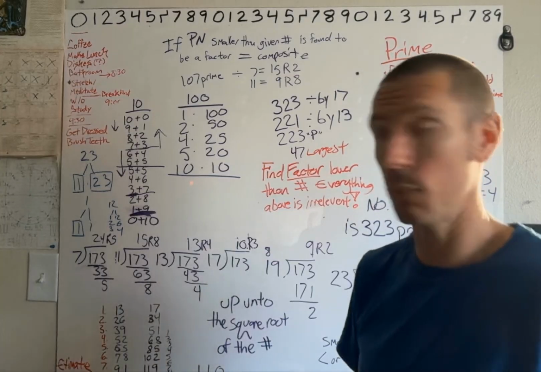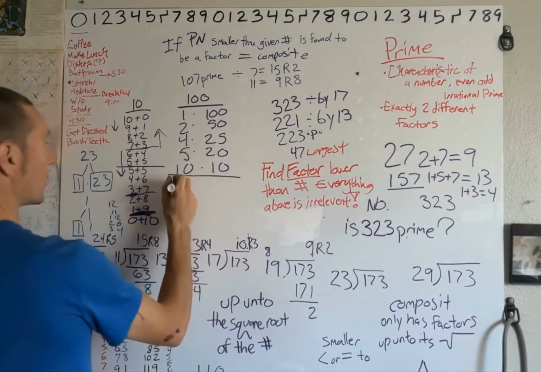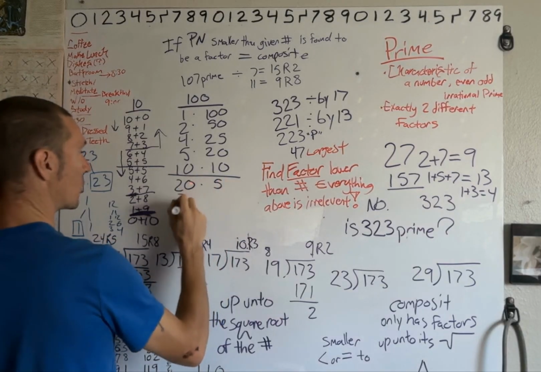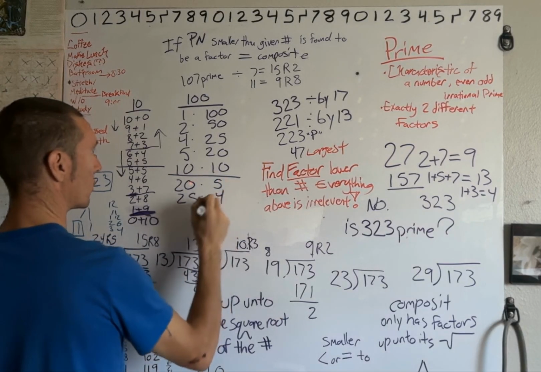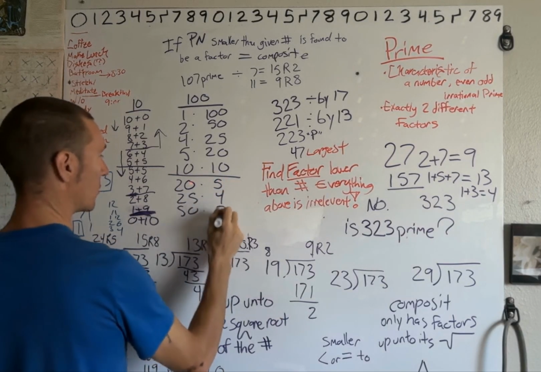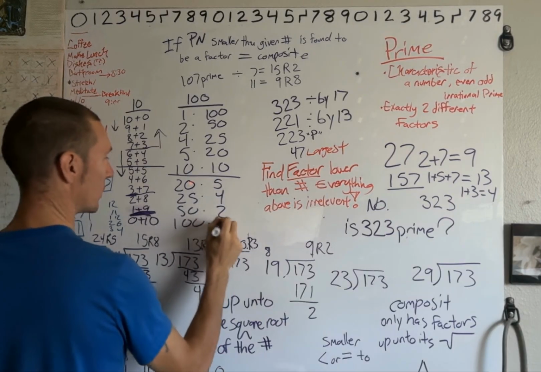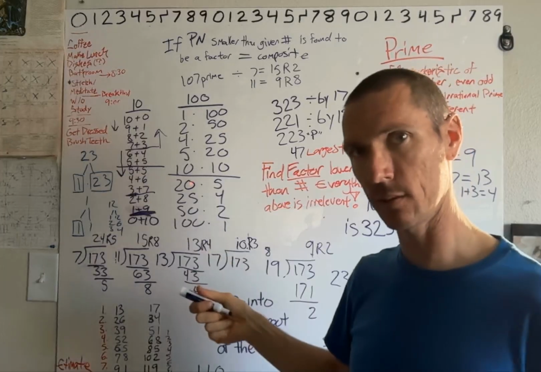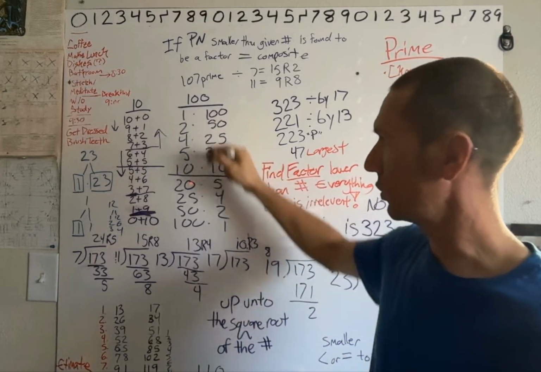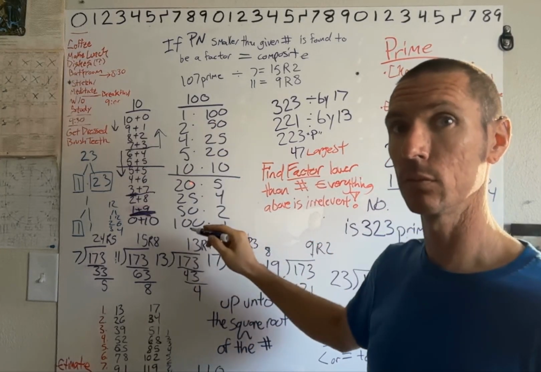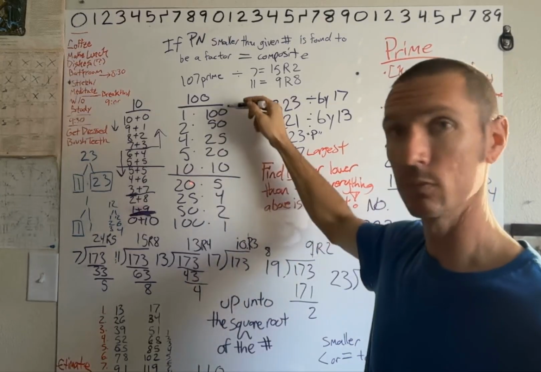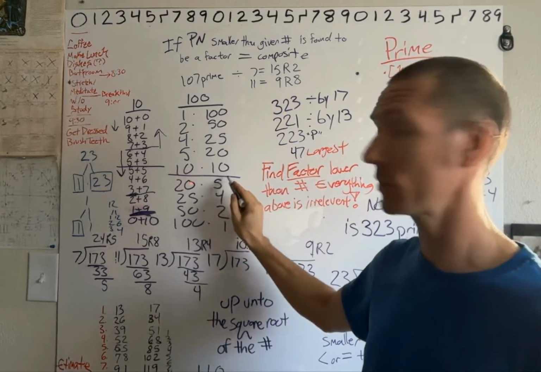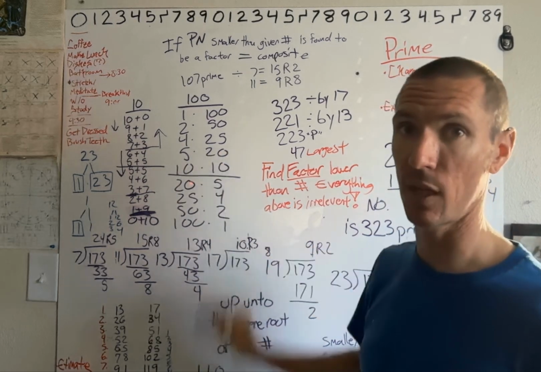So what happens? We go up to 20 times 5. We go up to 25 times 4. We go up to 50 times 2, and we go up to 100 times 1. So once you hit the halfway point, if you keep on going up, all you're doing is satisfying things that have already been satisfied. 20 times 5 has already been satisfied with 5 times 20.